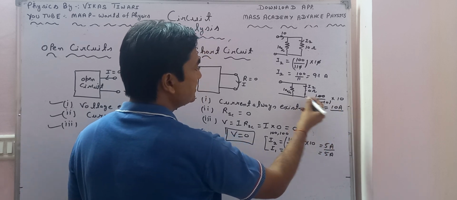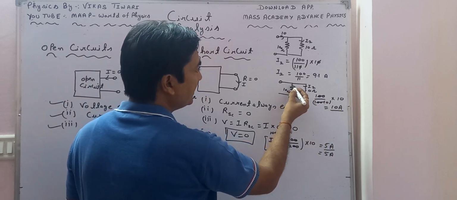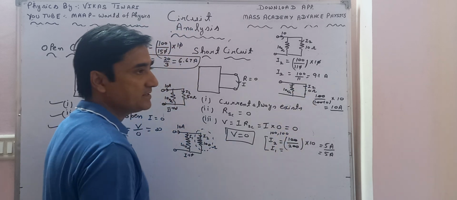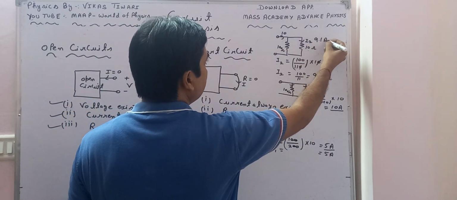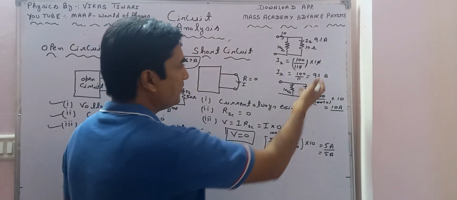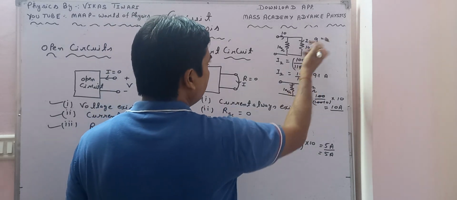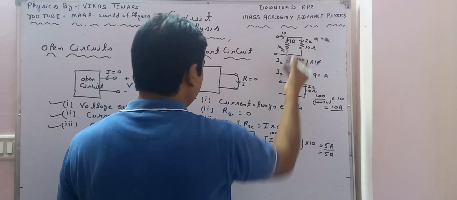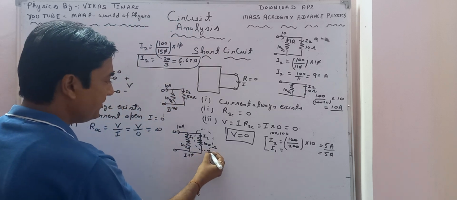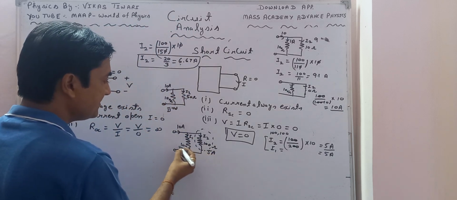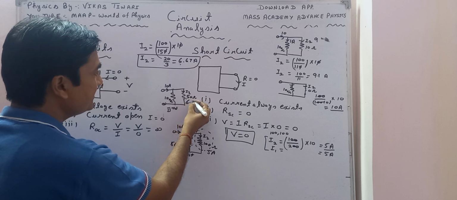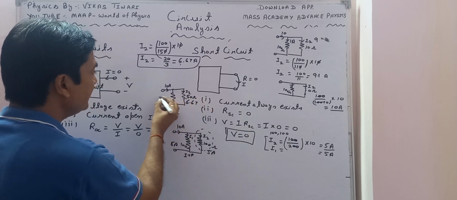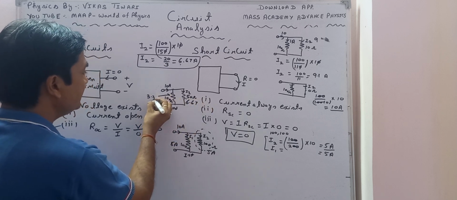It means that none of the current will flow in this particular resistance. In this case, around 9 ampere is flowing over here, and 1 ampere is flowing over here. In the first case, 5 ampere and 5 ampere. In the second case, the current will increase to 6.67 and the other will decrease to 3.33.